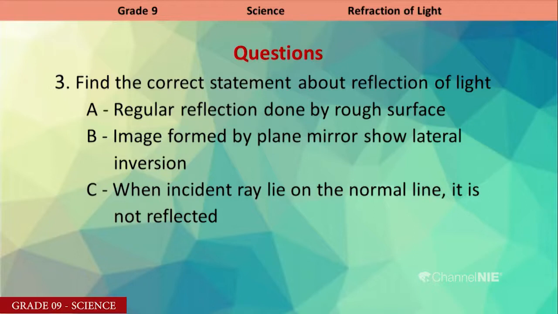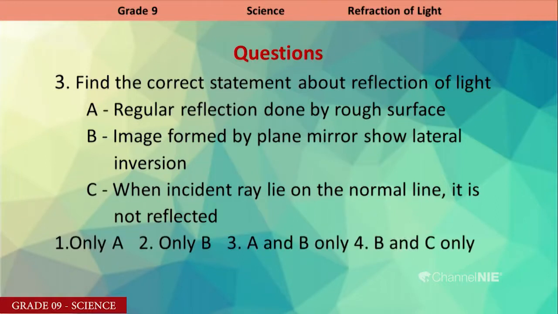C, when an incident ray lies on the normal line, it is not reflected. That is wrong. You know, when a ray of light is incident on a plane mirror along the normal line, it is reflected back in the same direction. So, C is also wrong. So, the answer is 2. Only B is correct.